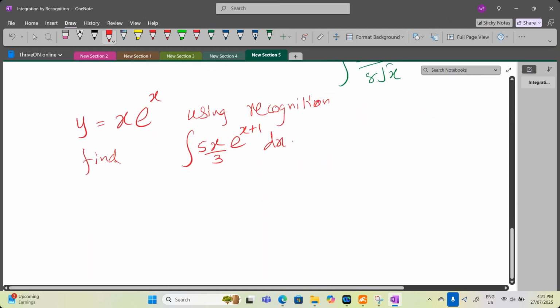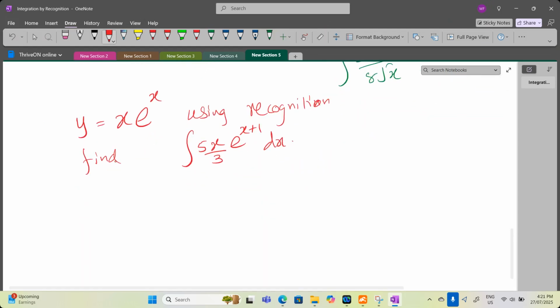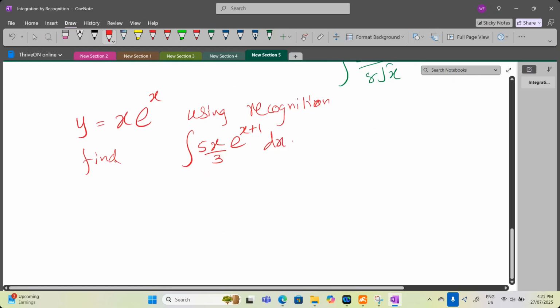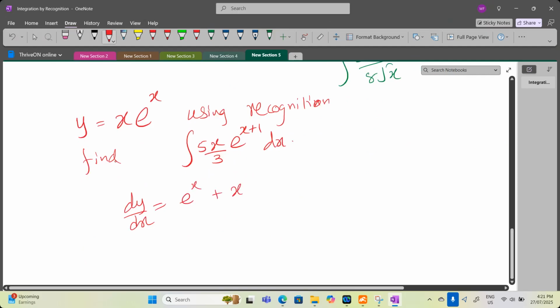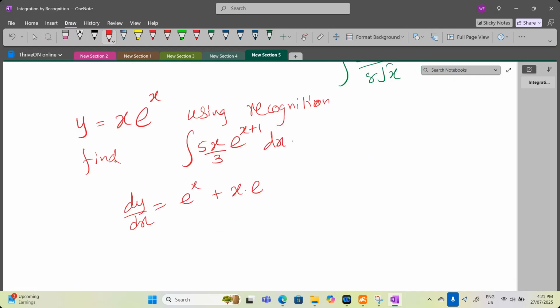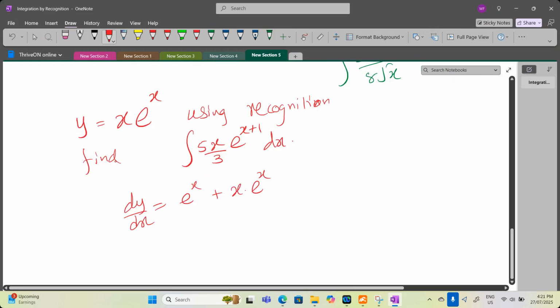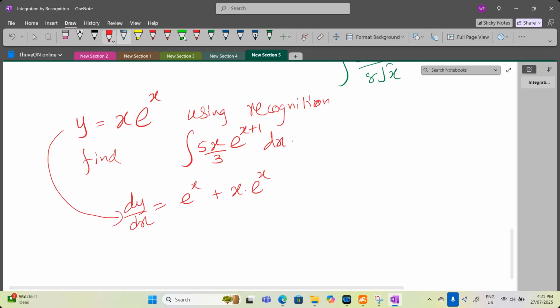The way we use recognition is this: differentiate x e to the x. So dy over dx, by the product rule, is 1 times e to the power x plus x times the derivative of e to the power x, which is e to the power x. When you differentiate, you get here. Now, the recognition method means you go back the other way.